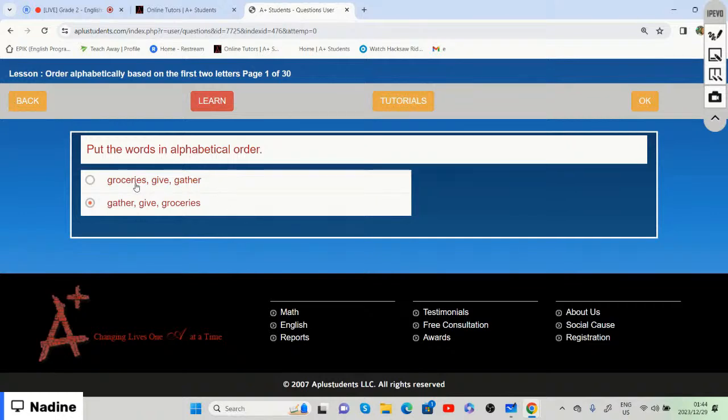So we need to put these words in alphabetical order. Now we need to see which ones are first.